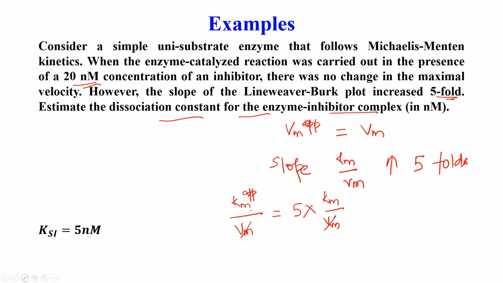So, if we already know this, what is the Km apparent? Km apparent is Km times 1 plus I upon Ki.